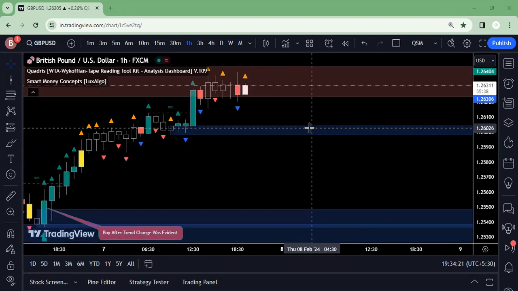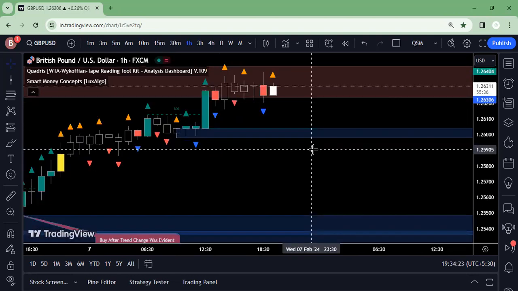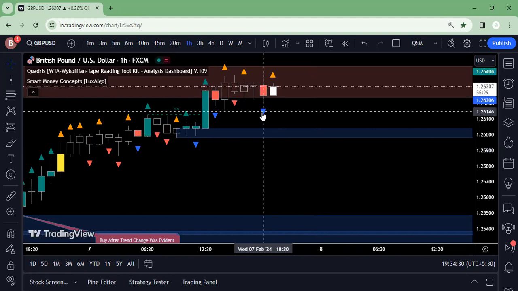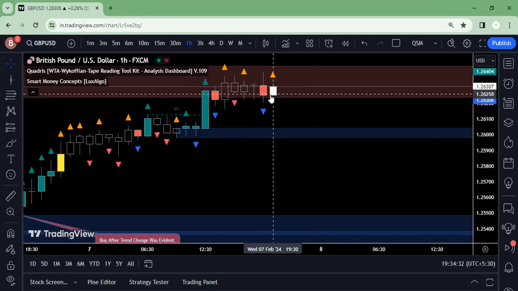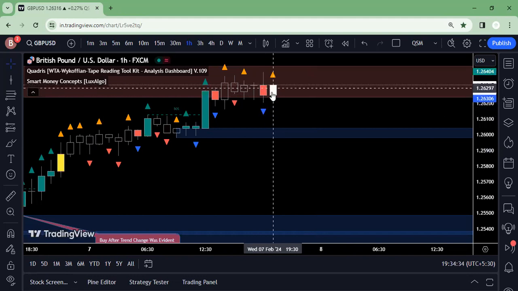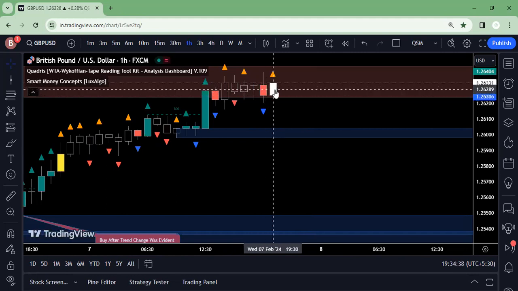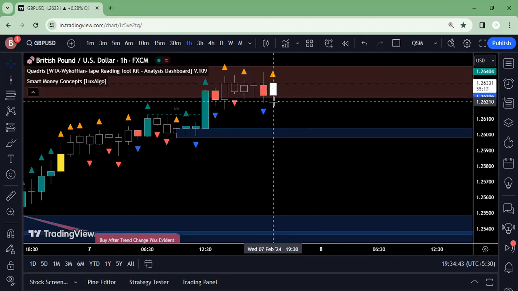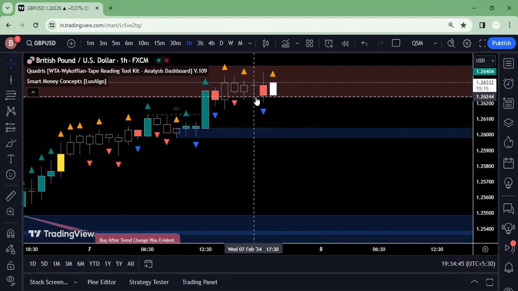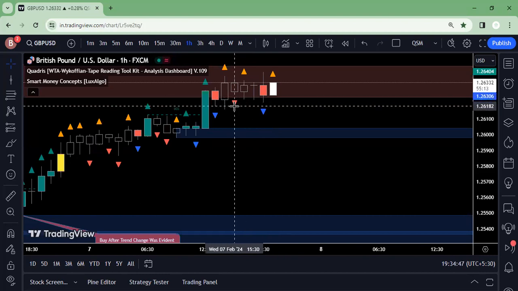For those who have bought my tape reading toolkit, always remember one thing: the bar or candle with the signals keeps on changing till the candle is closed. Once the candle closes, they are fixed. They will not change.